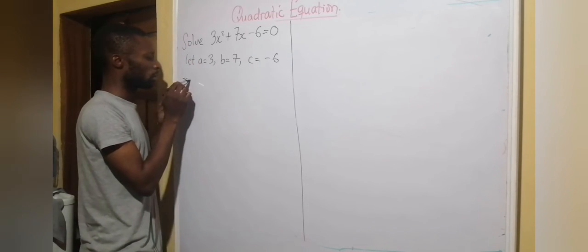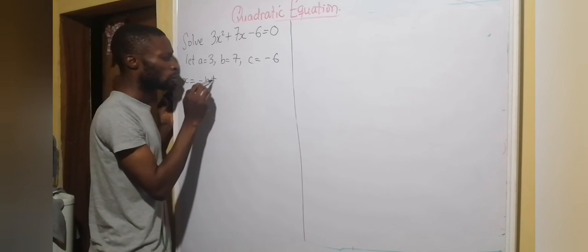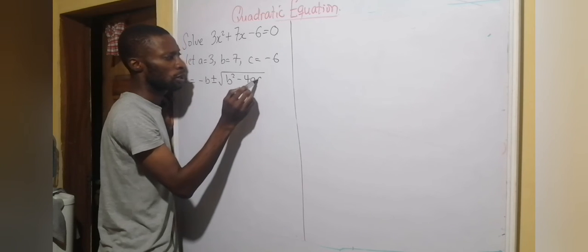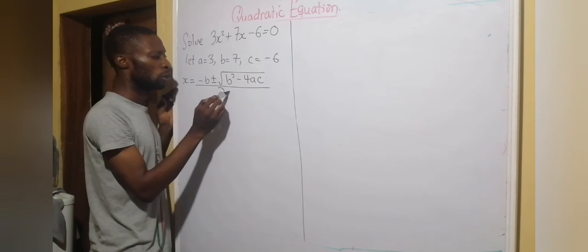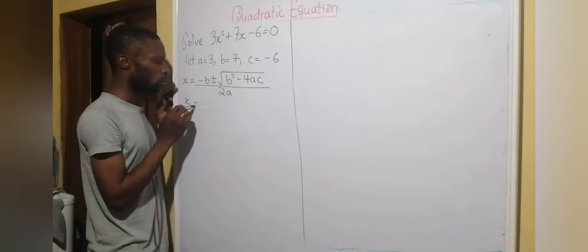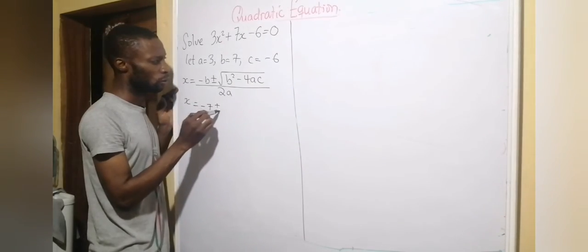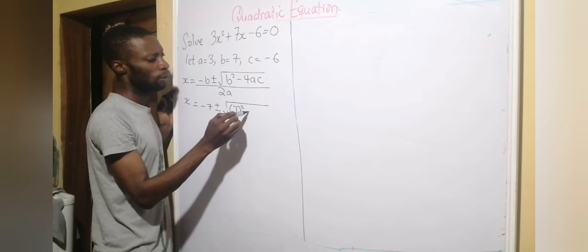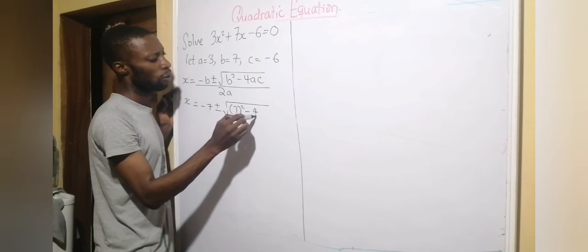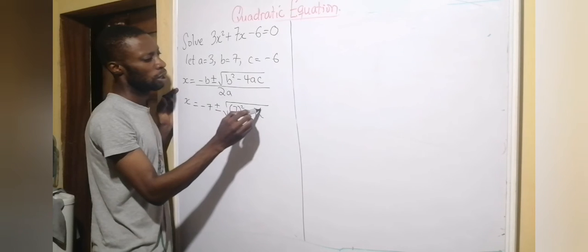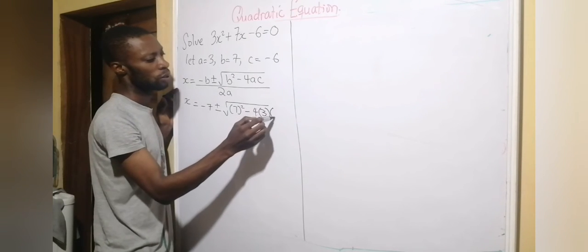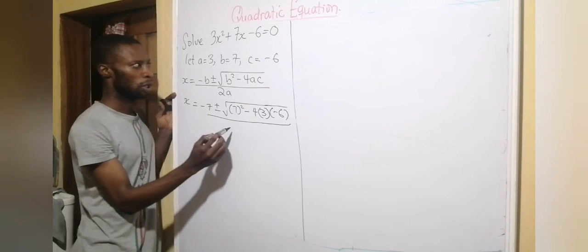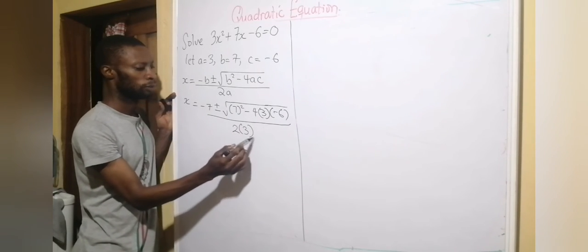So we have x is equal to minus b plus or minus the square root of b squared minus 4ac over 2a. So x is now equal to minus 7 plus or minus the square root of what? 7 squared minus 4ac, for a is what? 3, and c is what? Minus 6. So all over 2a, that's 3.